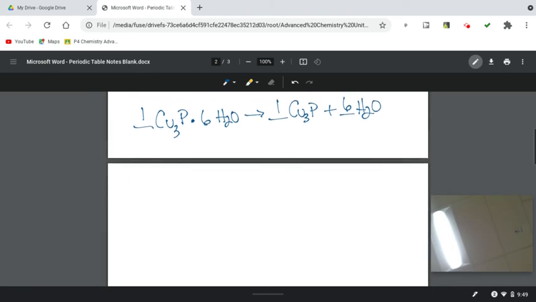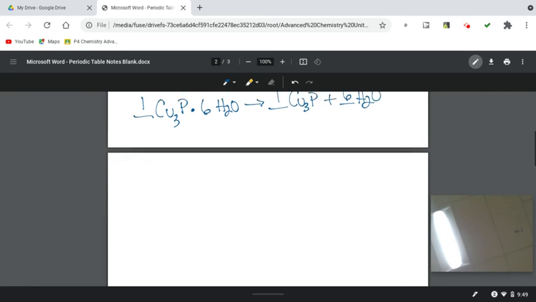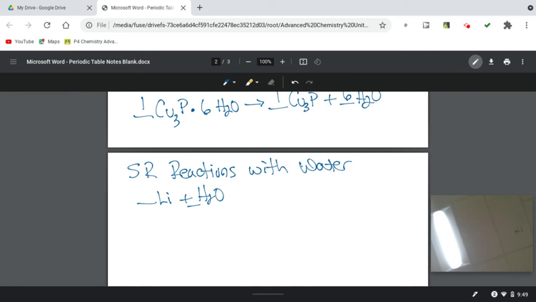Now, the next type of exception we're going to cover has to do with single replacement reactions that involve water. So if we were to drop, for example, lithium into water, and you were to predict the products of this single replacement reaction, my guess is you would go to the activity series of metals.